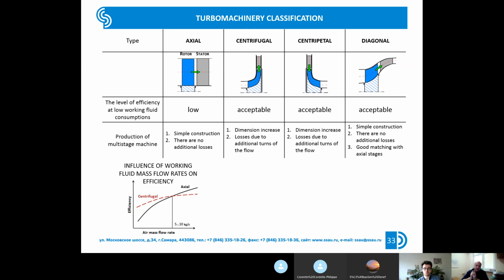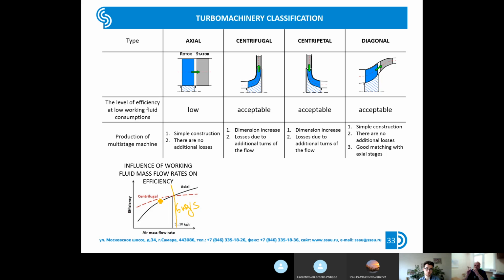But the gradient of the change of efficiency will be different. For axial stages, the drop of efficiency will be higher. And at a mass flow rate lower than approximately 5 kg per second, the centrifugal compressor will have higher efficiency relative to the axial stage.